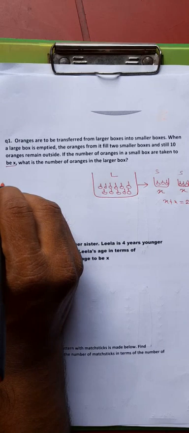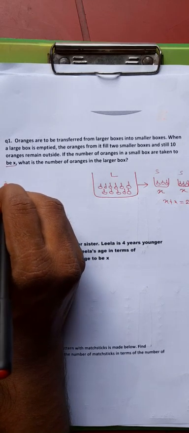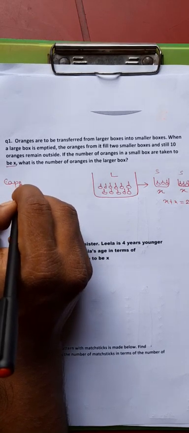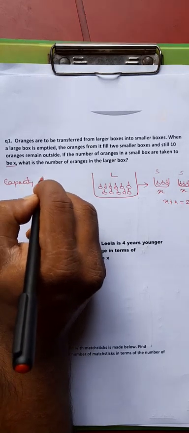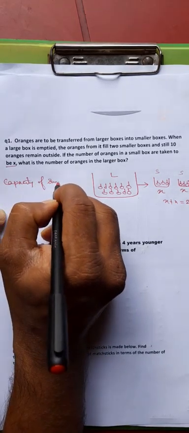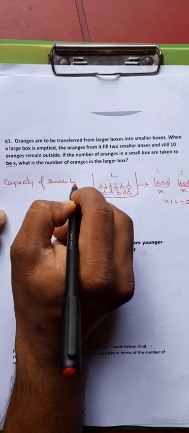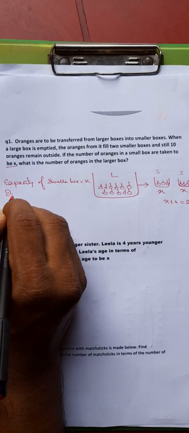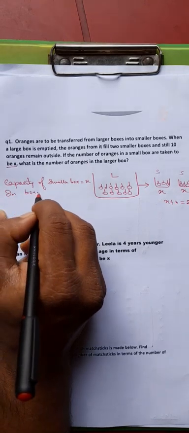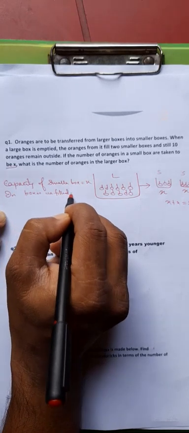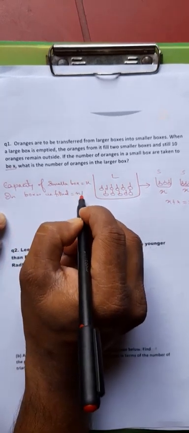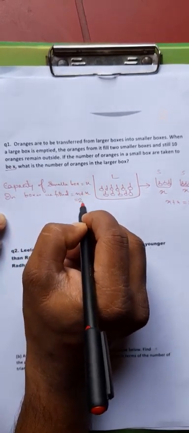So we filled up the capacity of the smaller box, equal to x. In two boxes, we filled x plus x, that means twice x.